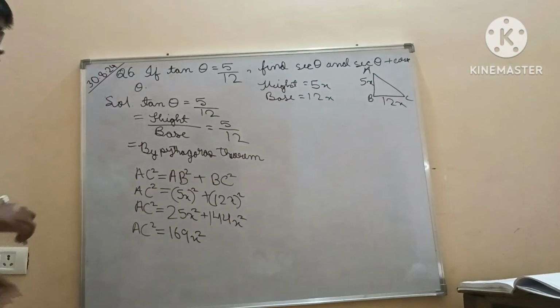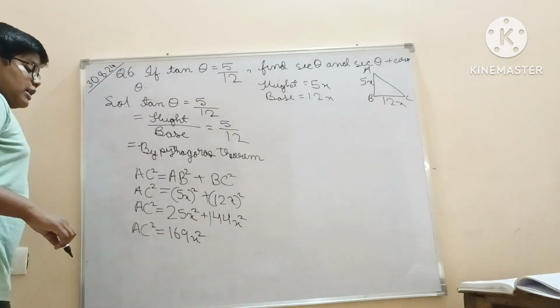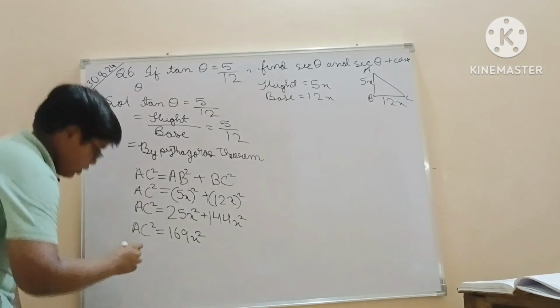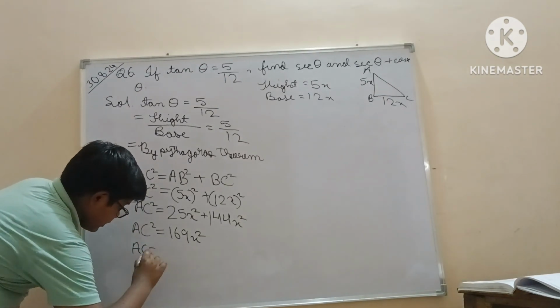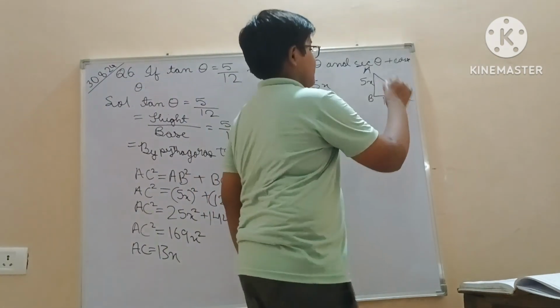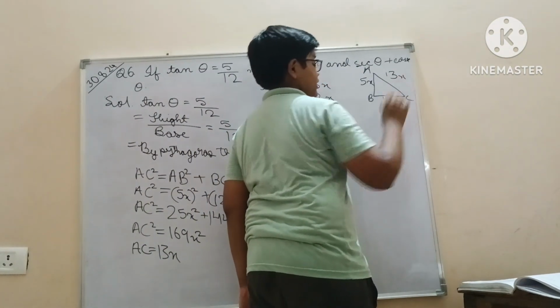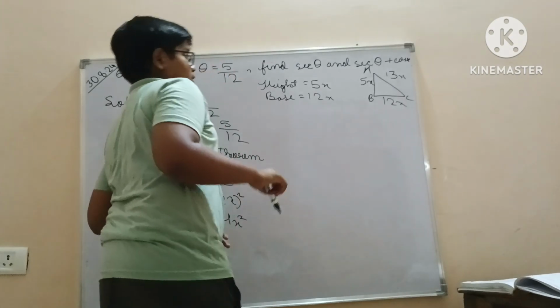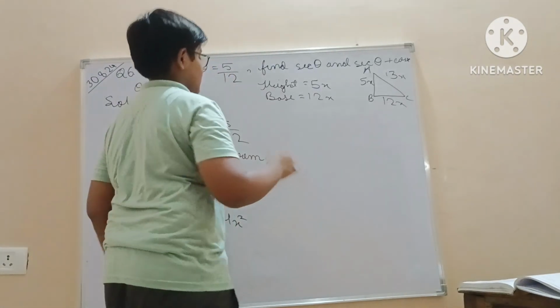Now we have got the value of AC square, which is 169x square, so we will take the root of both sides. So AC will become 13x. Now we have found the value of this line AC, which is 13x, so it will be easier for us to find sec theta.